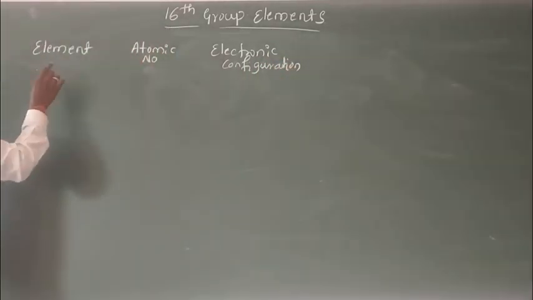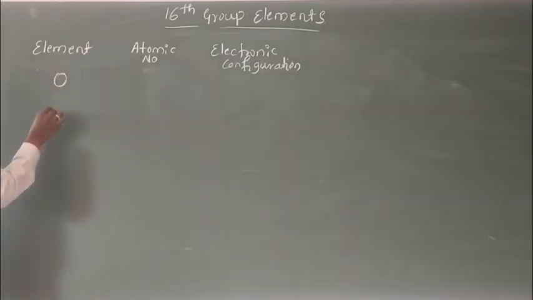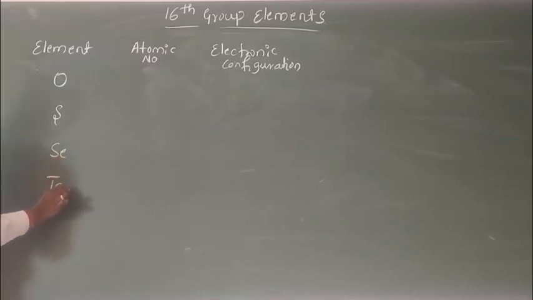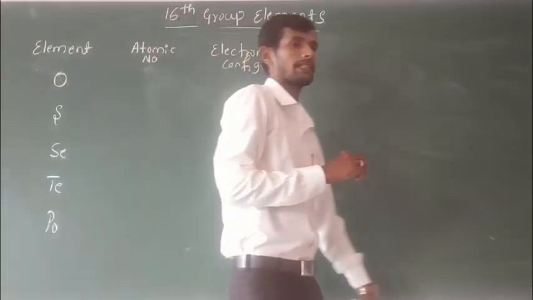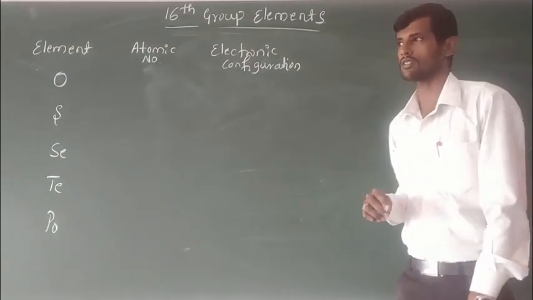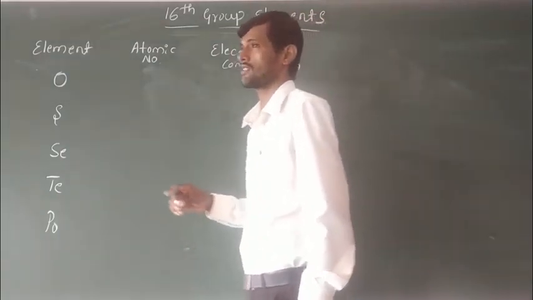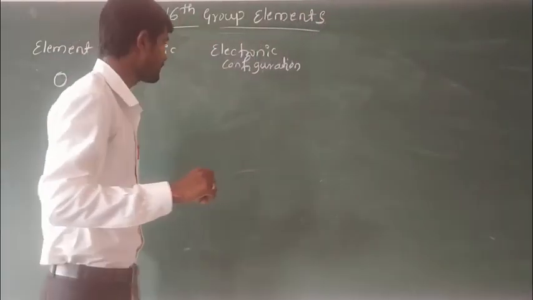These are the elements present in 16th group. The first member is oxygen, another one sulfur, selenium, tellurium and polonium. Yes, the first member of 16th group element is oxygen. Because of this, this is also called the oxygen family.